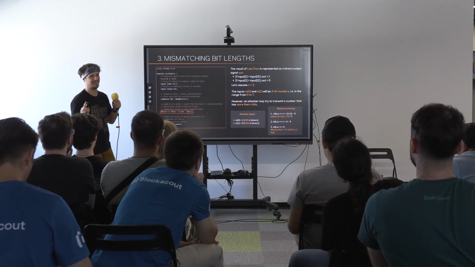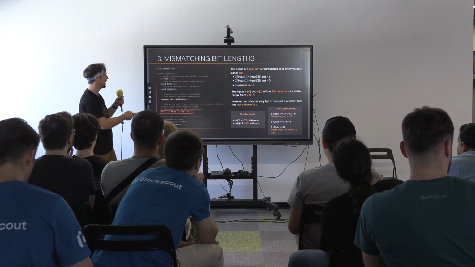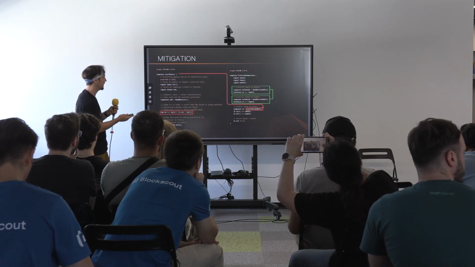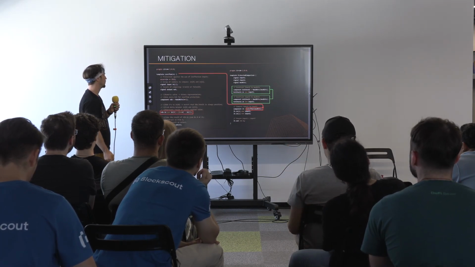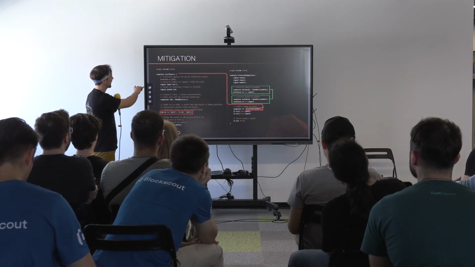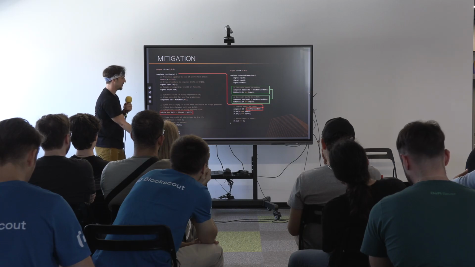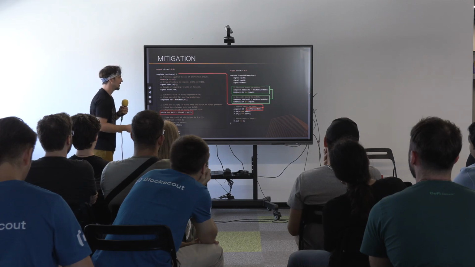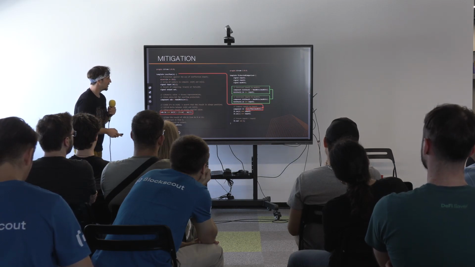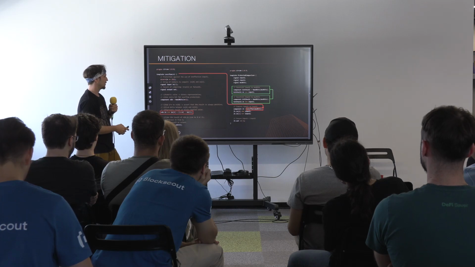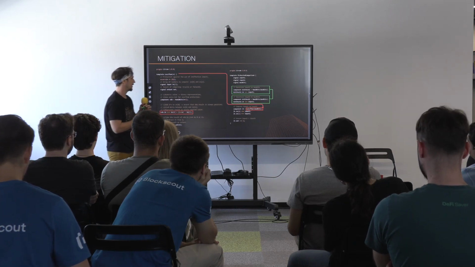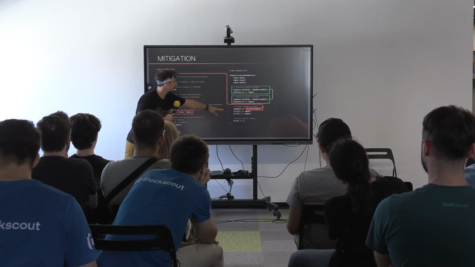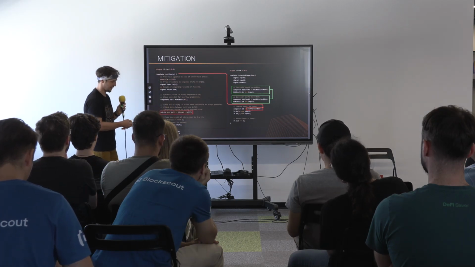I can share the presentation, and you can check the explanation. Now I will just show how it can easily be mitigated. You always need to use the LessThan template and check that max bits do not exceed what you expect. And you need to check everything: input 1, input 2, and after calculations, check that the output doesn't exceed the last bits.